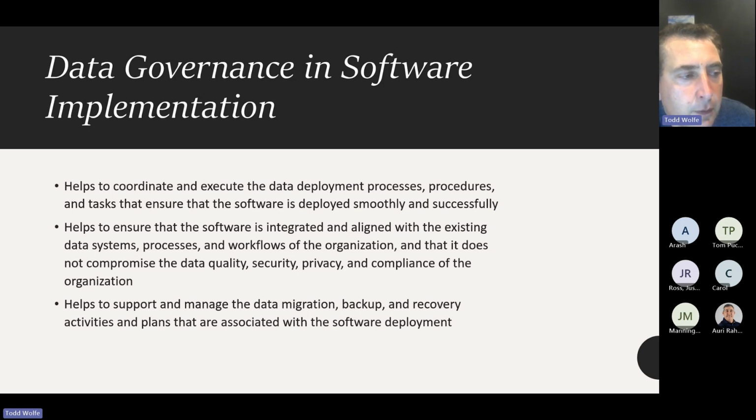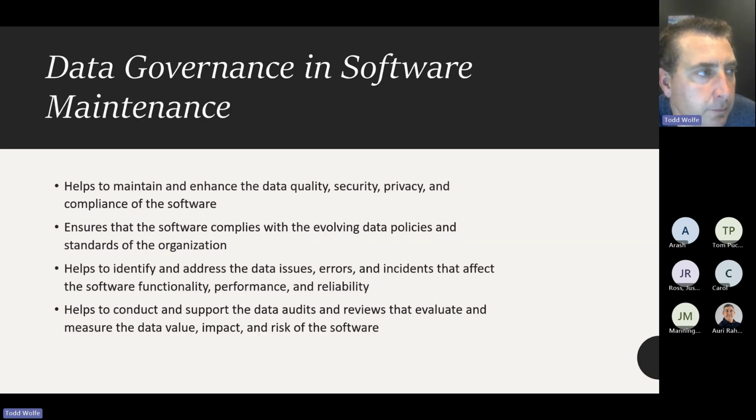We're going to help to support and manage the data migration, backup and recovery activities, and plans that are associated with the software deployment. All of this will help lead us to a smoother rollout during this phase where the software gets released to our end users and customers. We'll basically have all the operational processes accounted for, to ensure that this data is being properly managed and then governed long term.